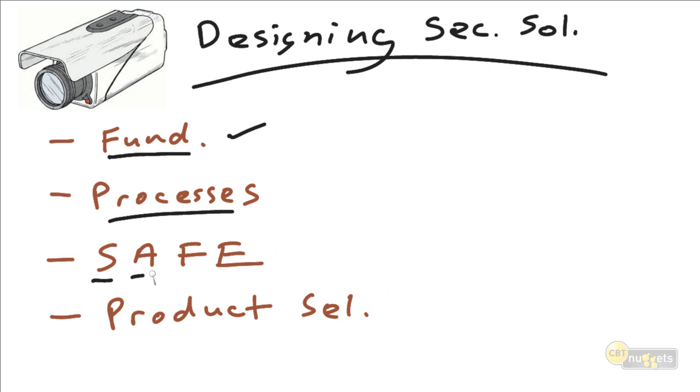We took a look at the SAFE, the secure architecture for enterprise from Cisco, and we saw how it was a layered defense strategy that would really try and achieve the lofty goal of keeping organizations safe from many different types of attacks.